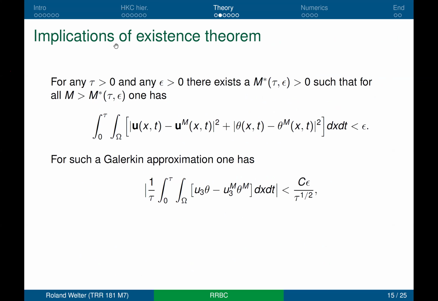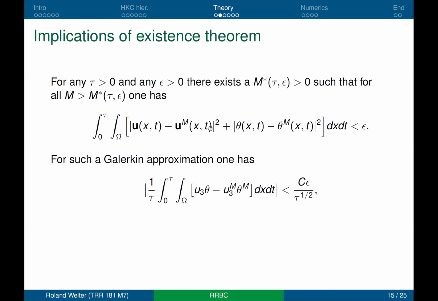And now I just wanted to say a brief word about what this existence theorem really means. So this theorem says that if you have any time and any epsilon, then there exists an M star such that for a sufficiently large ODE model, you have this type of convergence.